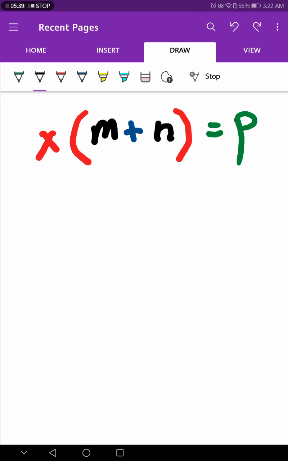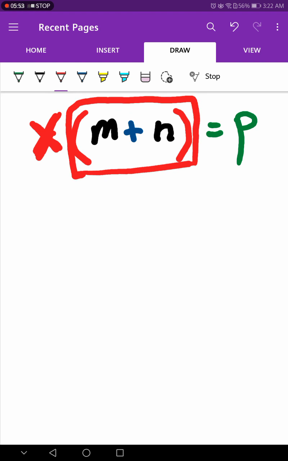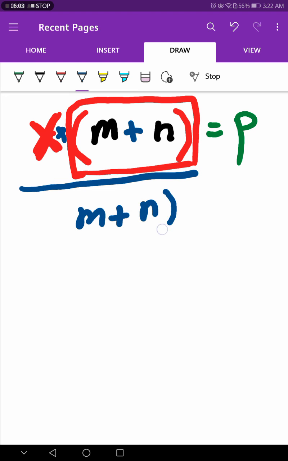Okay, the x is the variable here, and I'm trying to rid of this, and this thing is multiplied by x, so I have to divide both sides by m plus n.